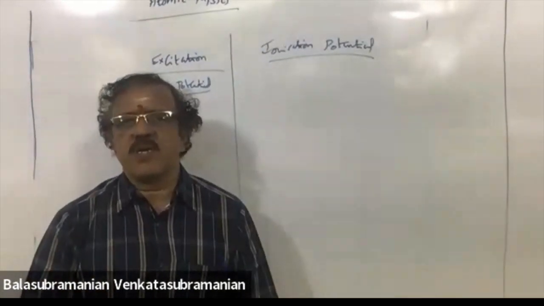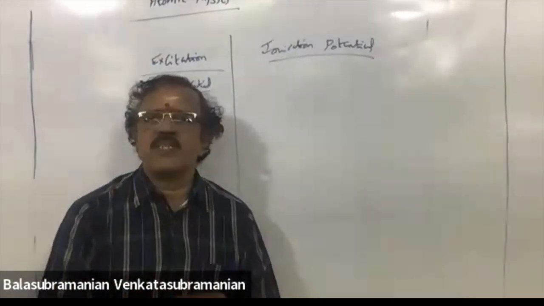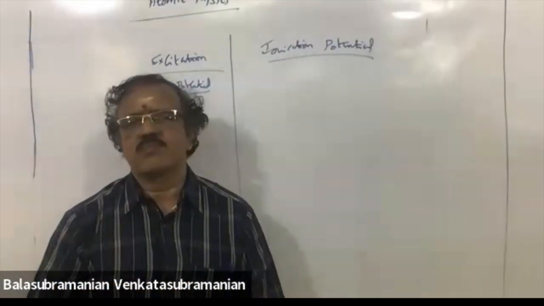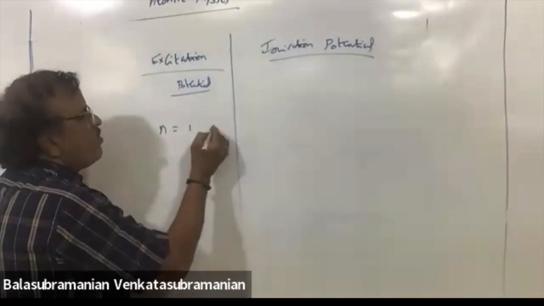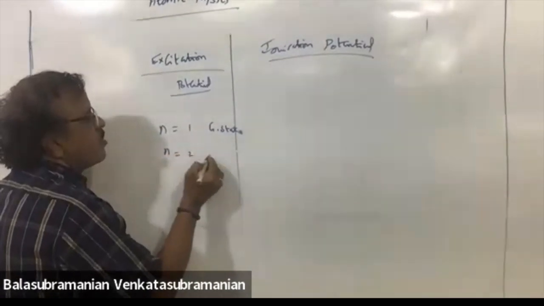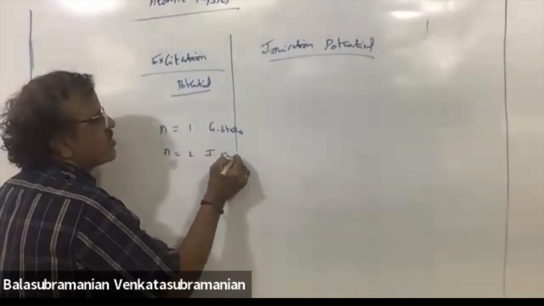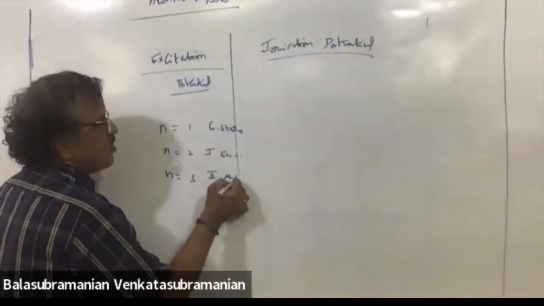It cannot stay there, because you gave it some energy and it went to a higher orbit. N equal to 1, we call it the ground state. N equal to 2, first excited state. N equal to 3, second excited state.